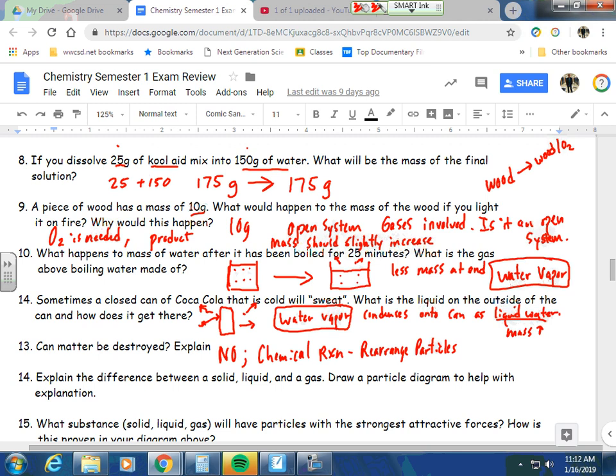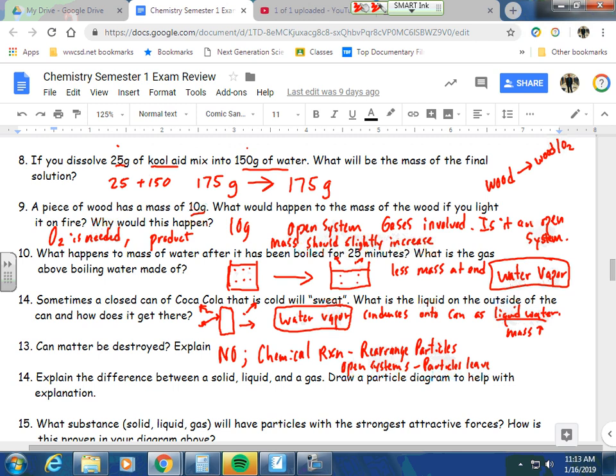I have a stack of yellow blocks and a stack of blue blocks, and I can rearrange them and put them together so that both stacks become yellow and blue. We can have open systems where particles can leave, but they're not destroyed. They're still somewhere. They're just not in the system anymore.